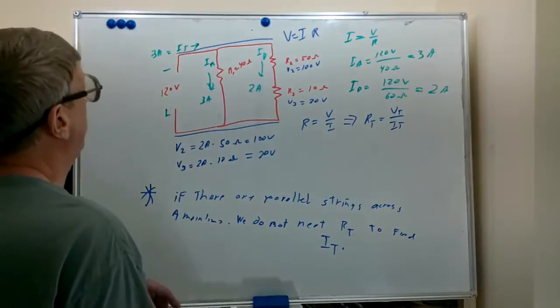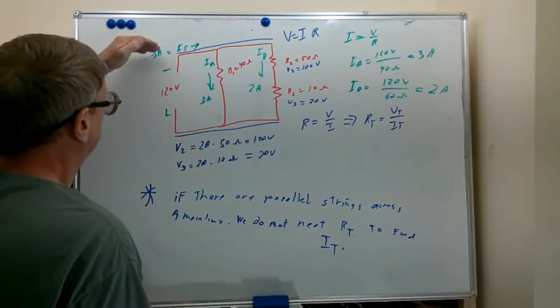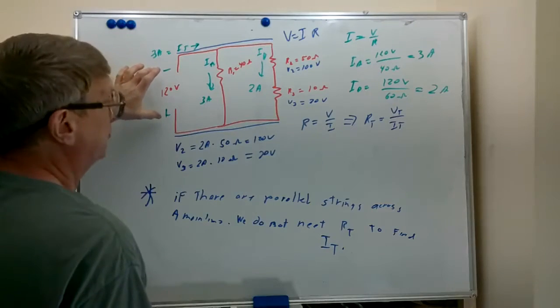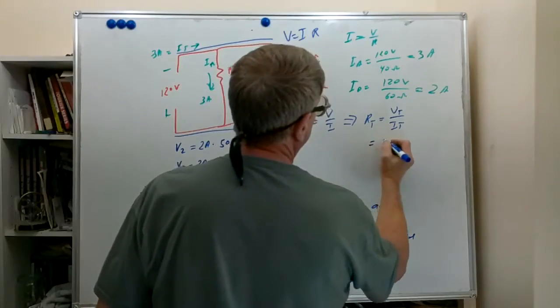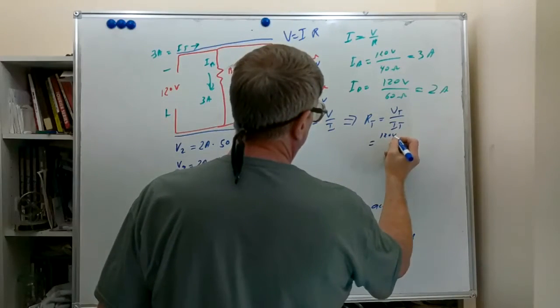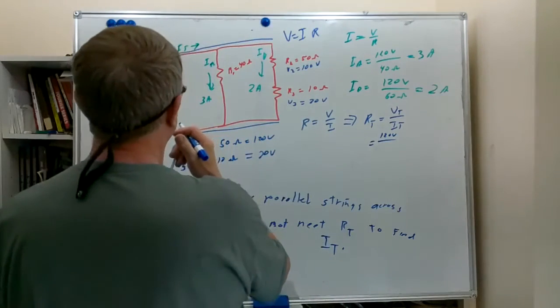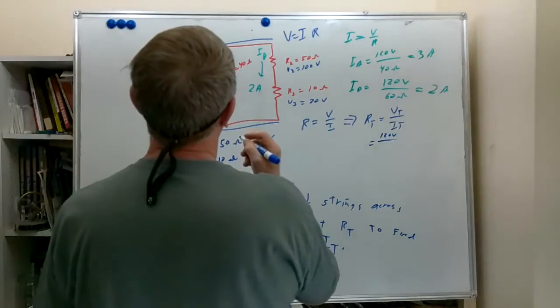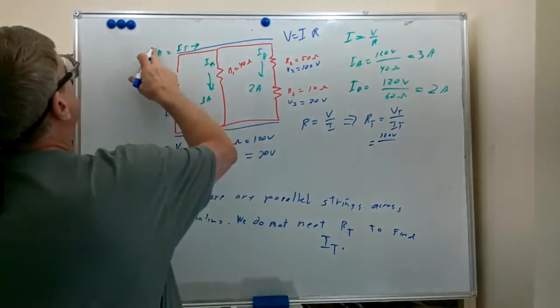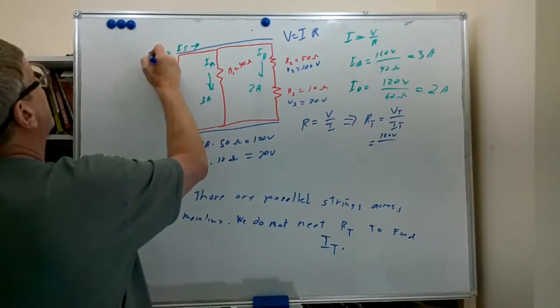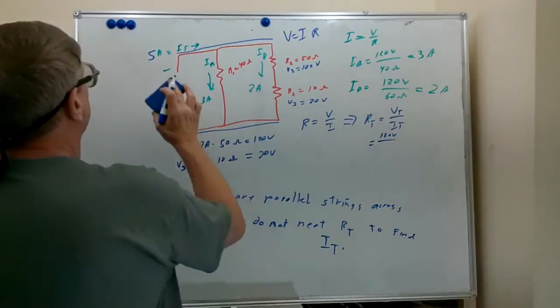Well, we have VT, which is 120 volts. We have IT, which is 3 amps. Let's do that calculation and see what we get. 120 volts divided by, okay, I've made a mistake. This is 5 amps here. Excuse me. Combine these, that's 5 amps. Yeah, that's why it doesn't look right.